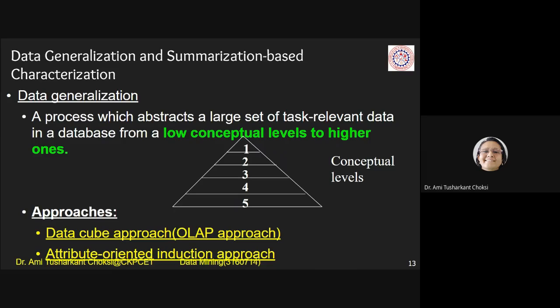So when we are going from low conceptual levels to higher ones, it is called generalization.